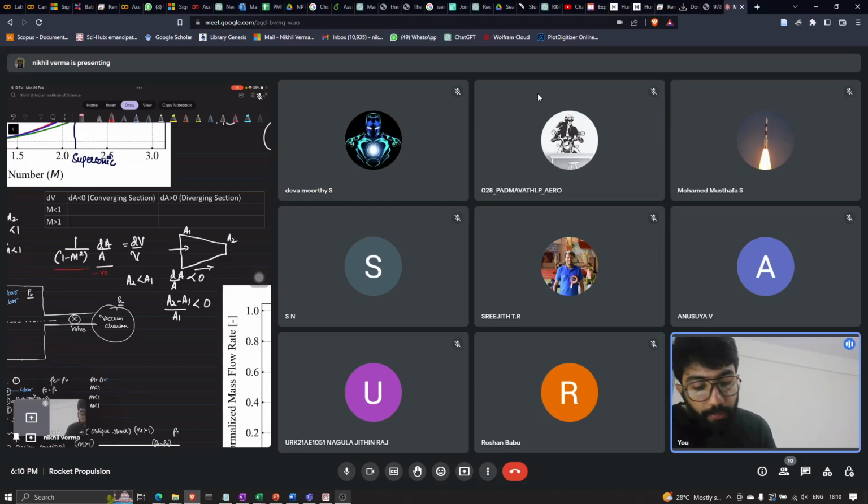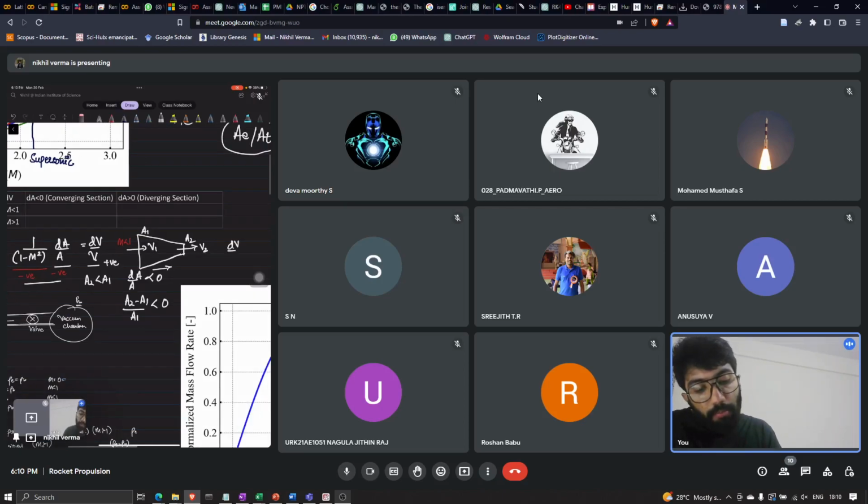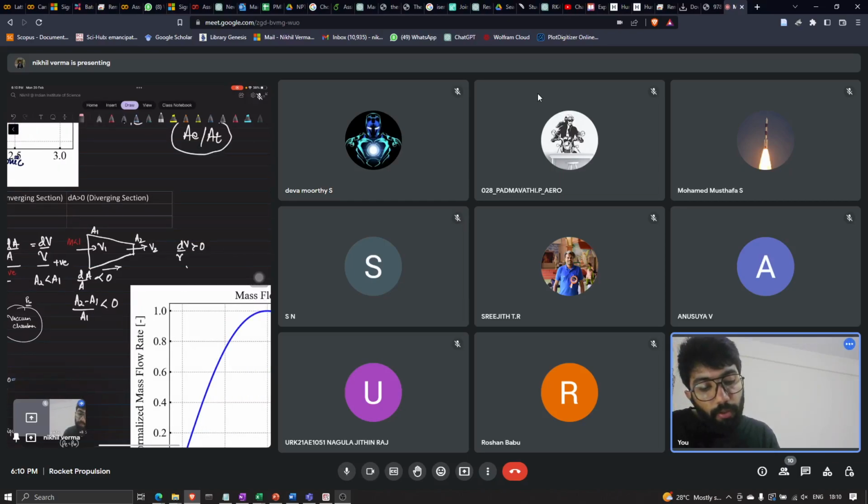And for a subsonic flow, if Mach number is less than 1, this also is negative, which in turn says that dV by V is positive. Which means if you have a velocity V1 and at the exit the velocity is V2, then dV by V is greater than 0, which means V2 is greater than V1.